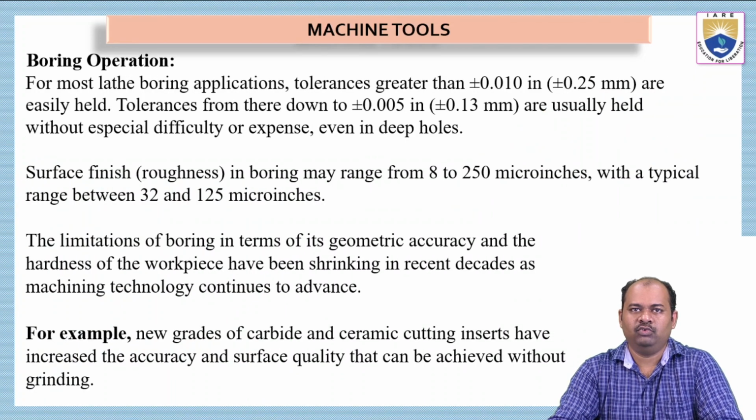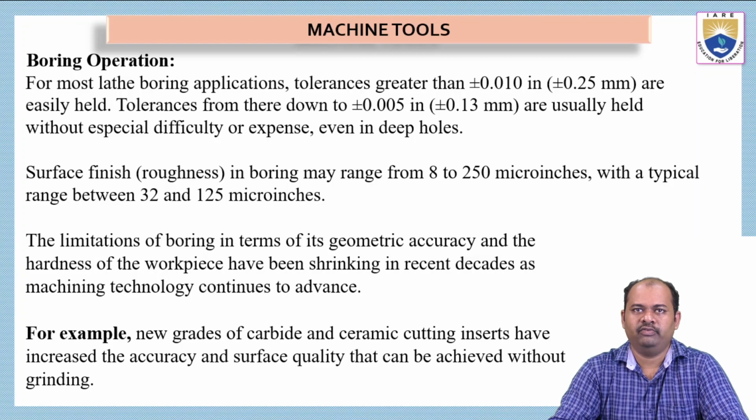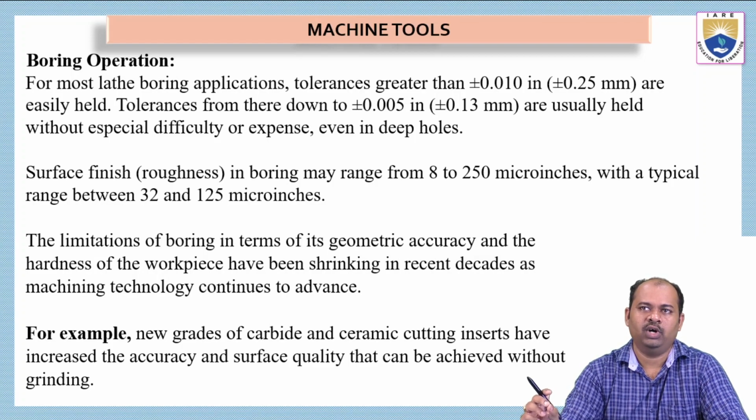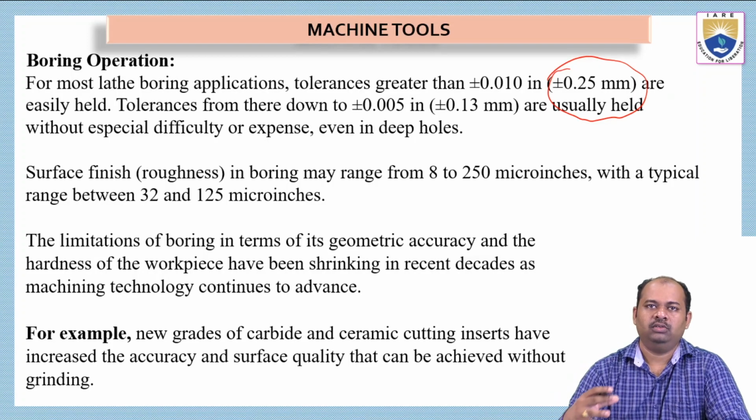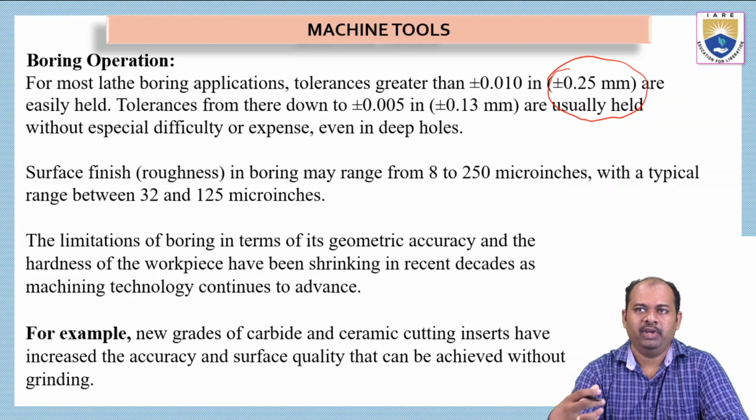And let us see some more important points regarding boring operation. For most lathe boring applications, tolerance greater than 0.010 inches or plus or minus 0.25 mm. So this much tolerance can easily be given. Okay, so the boring operations can make cuts of this dimension.